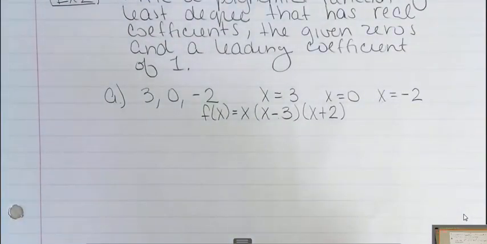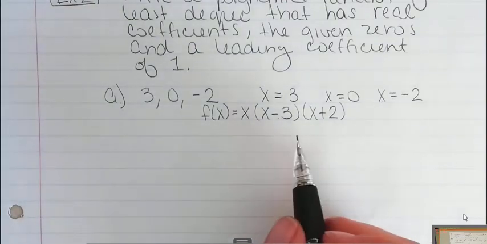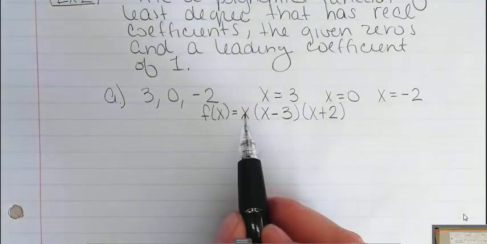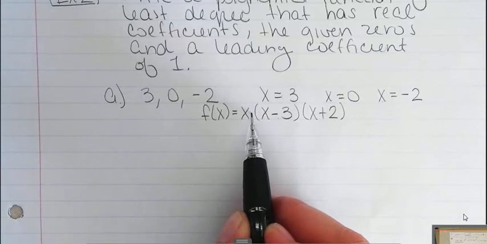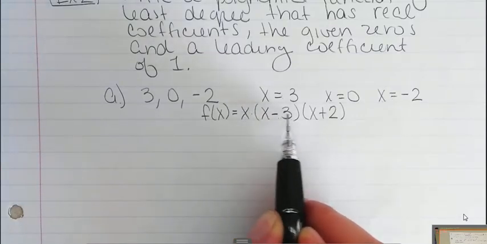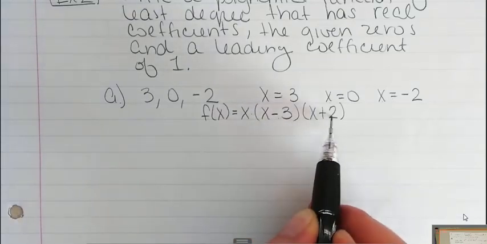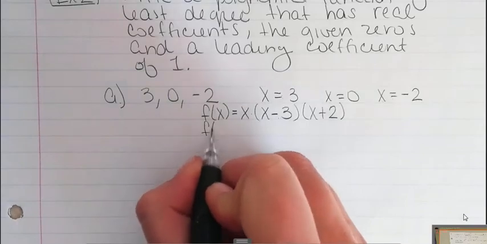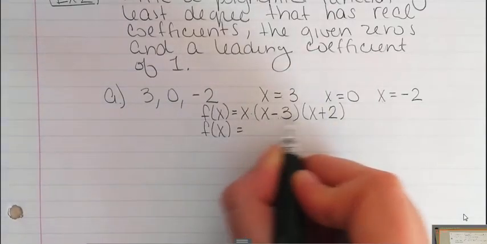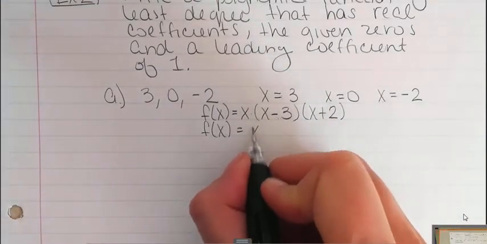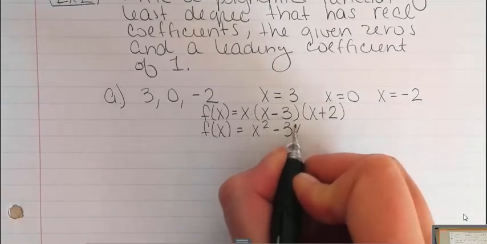Okay, and so now from here, I'll go ahead and I'll distribute. Now, it doesn't matter the order that you go in. Multiplication is commutative. So you can start by distributing this x to the first binomial, and then taking this binomial and distributing it to the second binomial. So that's one way. Otherwise, you could do the first two binomials first and then distribute the x. So this gives me x squared minus 3x.